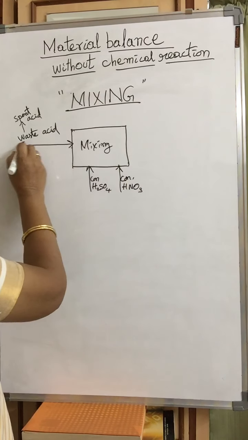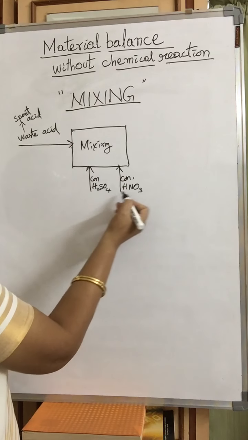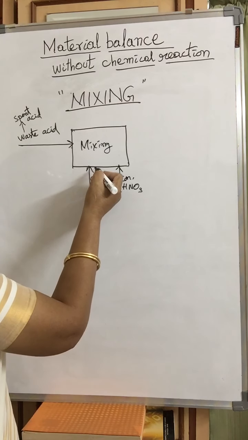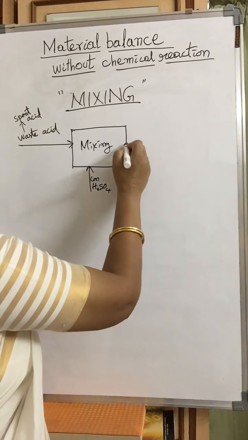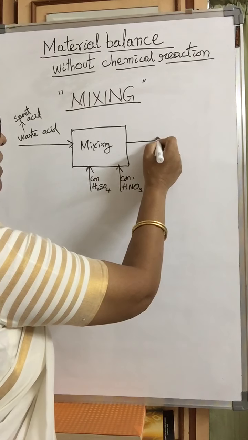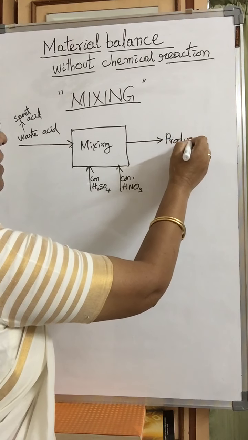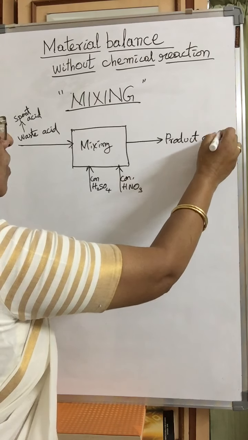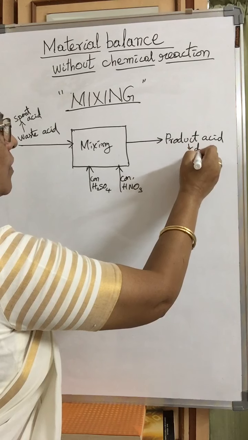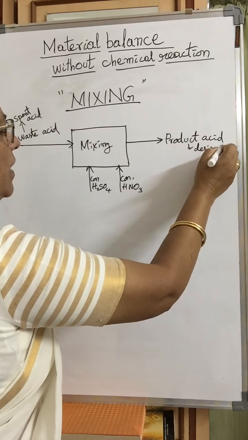We are adding waste acid and two other streams, concentrated H2SO4 and concentrated HNO3. Then the product acid, this is product acid, or we also call it the desired acid.